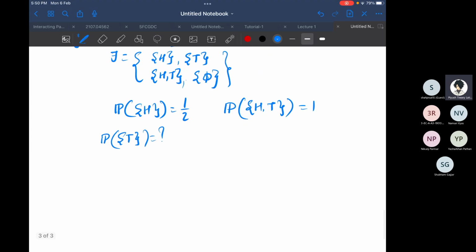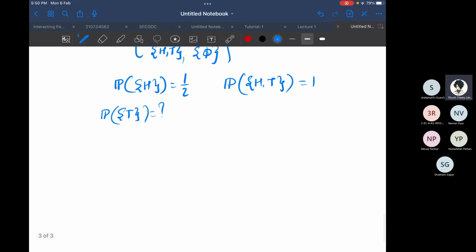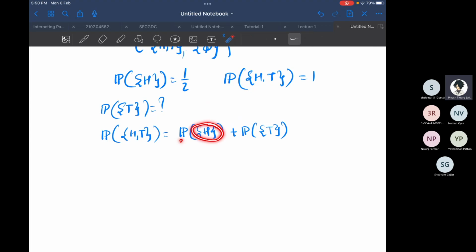I will say that the probability of H comma T is nothing but the probability of H plus the probability of tails. Someone would ask why. Well, because H and T in themselves are disjoint sets, and I know that the union of these two is this thing. So this will automatically hold. There won't be an issue.